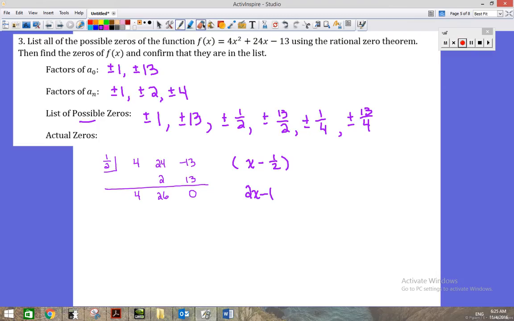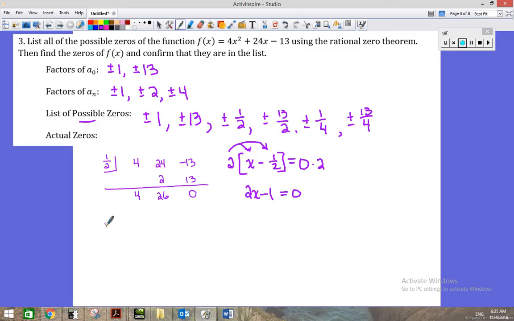If you set this equal to 0 and you multiplied both sides of this equation by 2, then distribute the 2 to both terms. 2 times x, I've got 2x. 2 times negative 1/2 is negative 1. And 0 times 2 is 0.